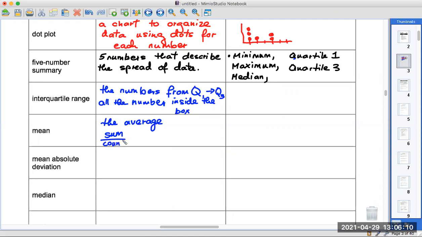In other words, you add up all your numbers and divide by how many numbers there are. And the symbol is x with a bar above it. Okay. Oh, I should change my colors again.